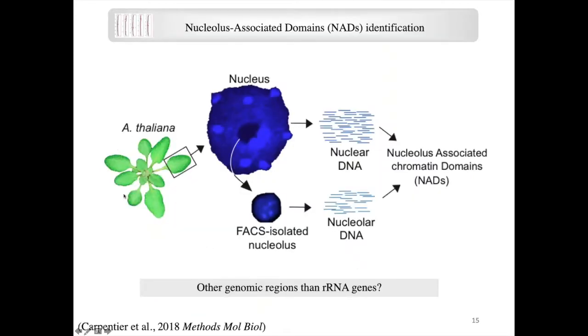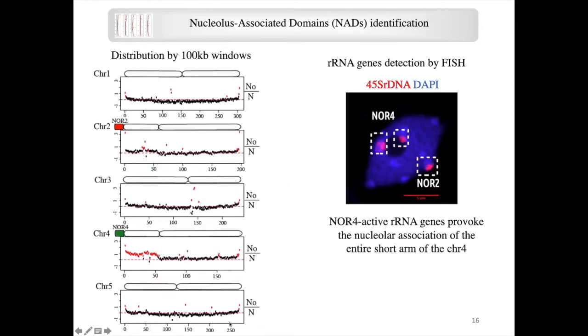In Arabidopsis thaliana, we can isolate nuclei or nucleoli, isolate their DNA content, and identify nucleolus-associated chromatin domains. That's what we did, and we did not find only ribosomal RNA genes. On this plot on the left, you can see all 5 chromosomes of Arabidopsis thaliana, and the more enriched in the nucleolus, the higher on the curve, and the region becomes red, identified as NADs.